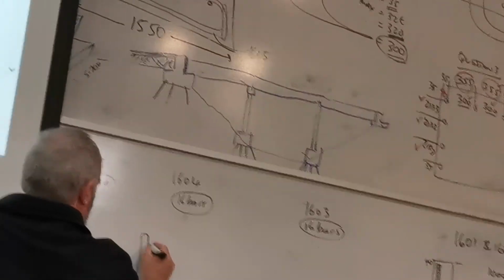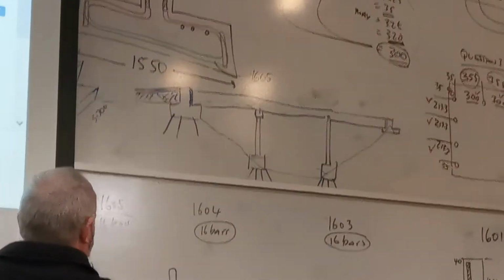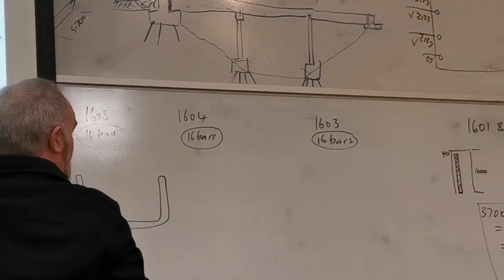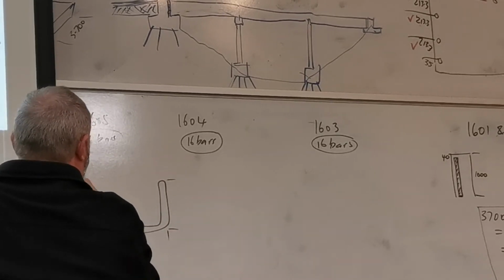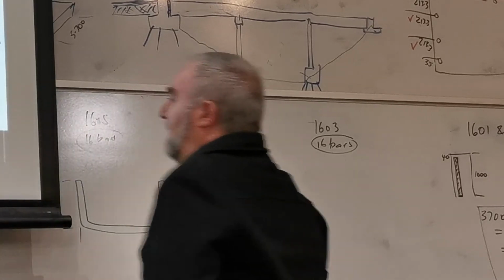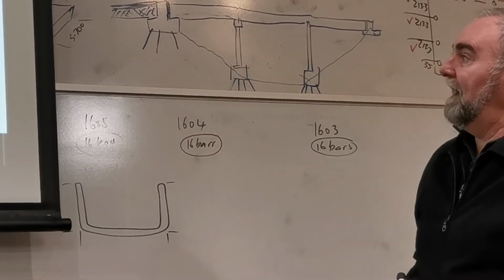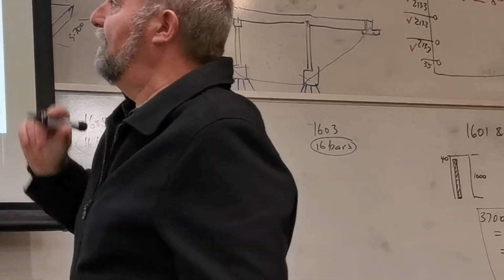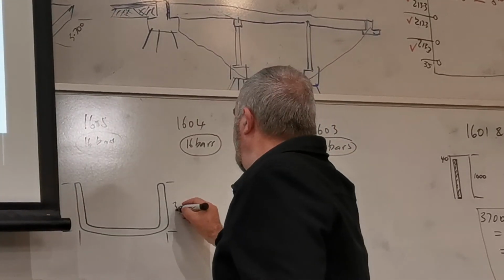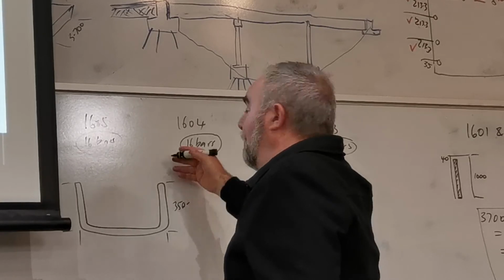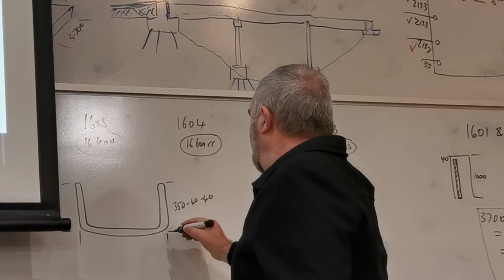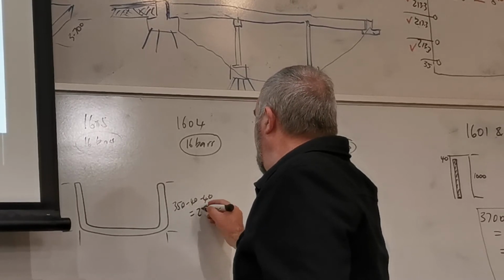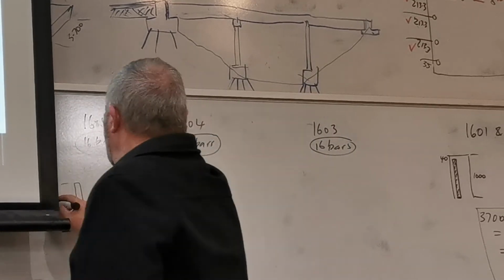So let's look at the length of that bar. The length is going to be equal to those 3 lengths there. And they're very easily calculated. The width of that is 350 minus 40 at each end, which equals 270. 270 over here.